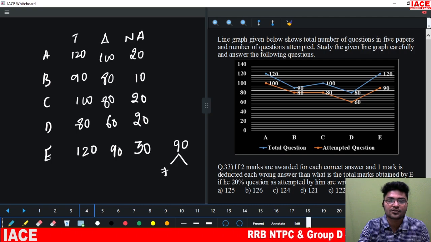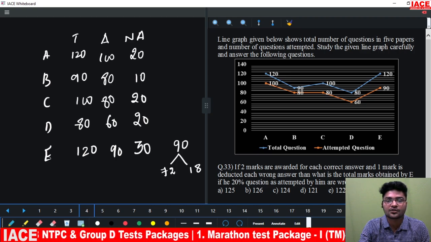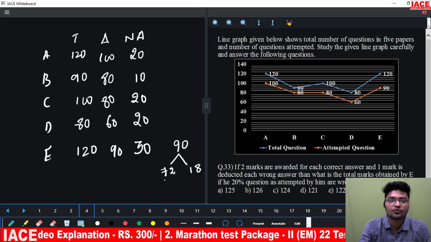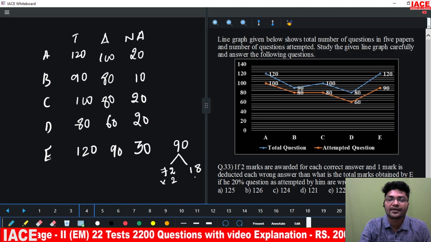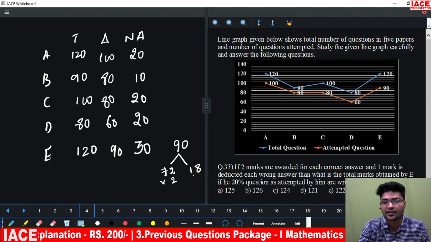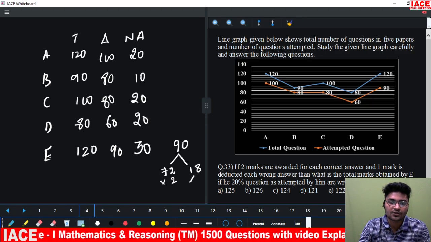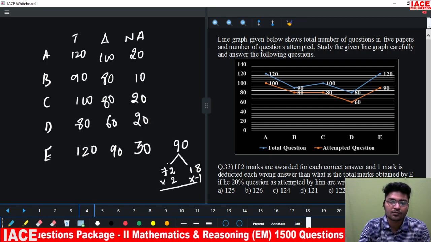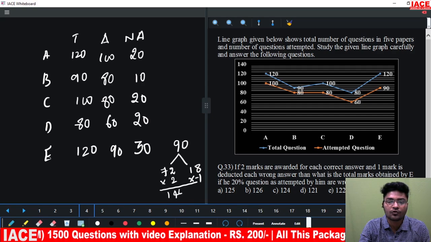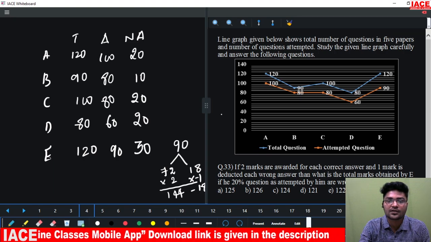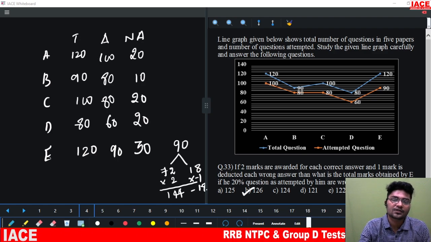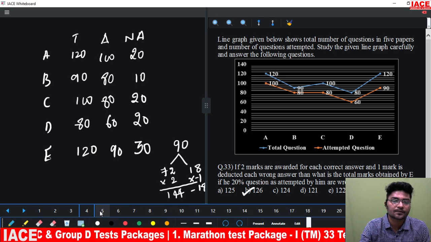Means 72 questions are correct and 18 questions are wrong. Each correct question fetches him 2 marks, so into 2. Each wrong question fetches him a negative mark, 1 mark, so into minus 1. So how much are the total marks? 72 into 2 is 144. 18 into minus 1 is minus 18. So 144 minus 18 is 126. That is option B, our correct answer.